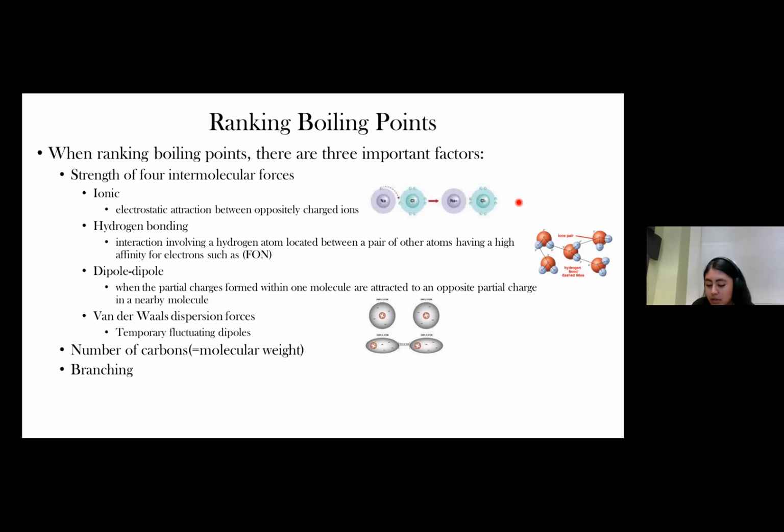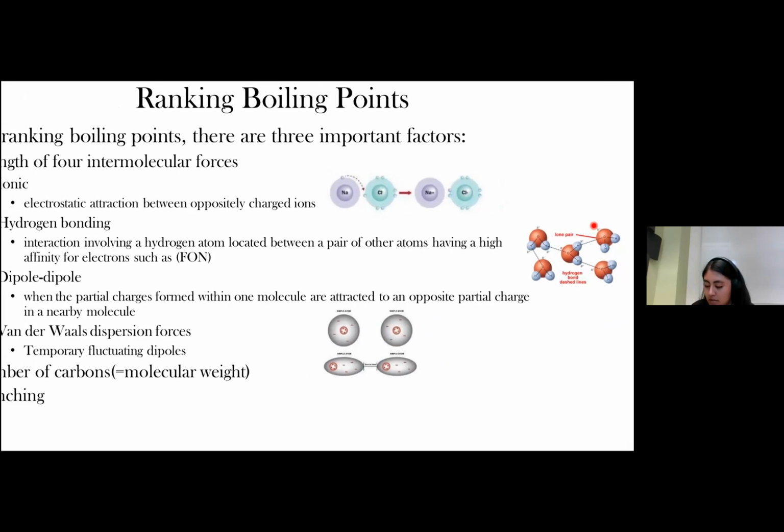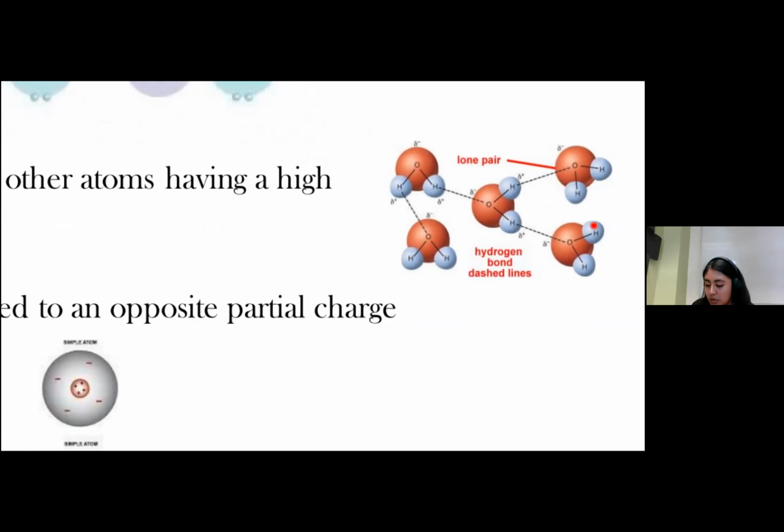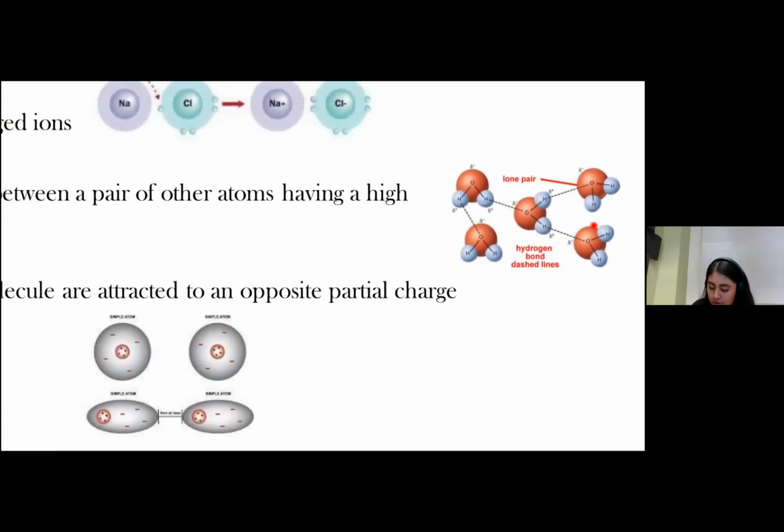We also have hydrogen bonds, which are interactions that involve hydrogen and a molecule that has high affinity for electrons, such as fluorine, oxygen, and nitrogen. An example would be this right here. Let me zoom into that. There's interaction between oxygen and hydrogen. That's an example of hydrogen bonding.